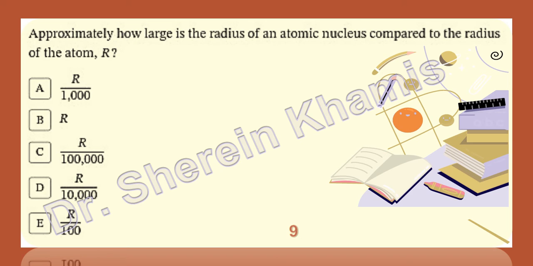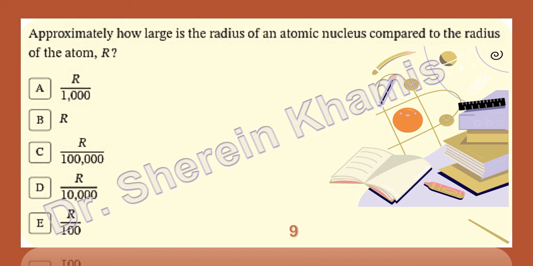Question 9 says, approximately how large is the radius of an atom nucleus compared to the radius of an atom R? Okay, we want to know the nucleus radius compared to the atom. We have the atom R, but we want to know the smallest one, the nucleus.